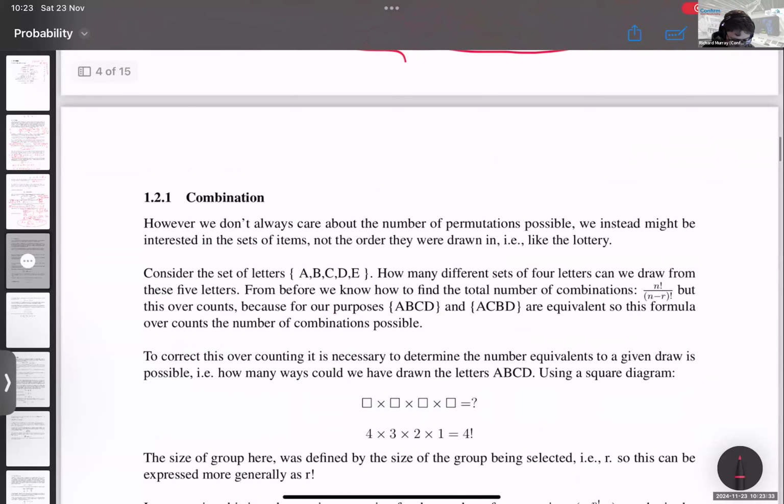So as I said before, when we are selecting from a group, so again if we have our 5 people, we normally don't care in practice about the order that they were drawn in. We care about the set of people.